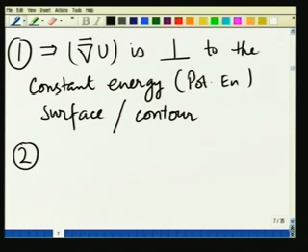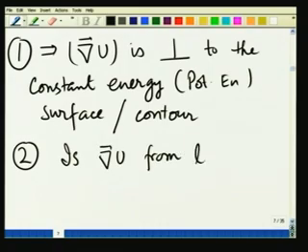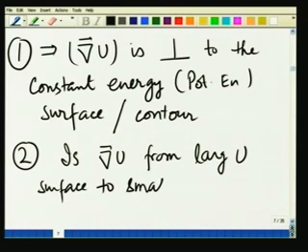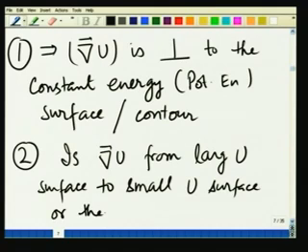Number 2, the question I ask is: is gradient of u from large u surface to small u surface, or the other way?